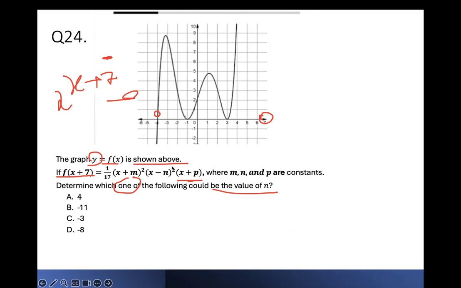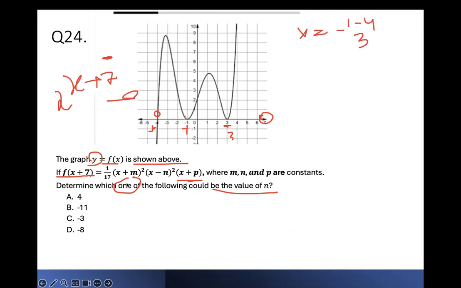They have the square. 3 is a squared root. Minus 1 is a squared root. Minus 4 is just passing through. Now, they said determine which one of these could be the value of n. Don't worry. All you need to do is find the roots, which I've told you. The roots are minus 1, minus 4, and 3.